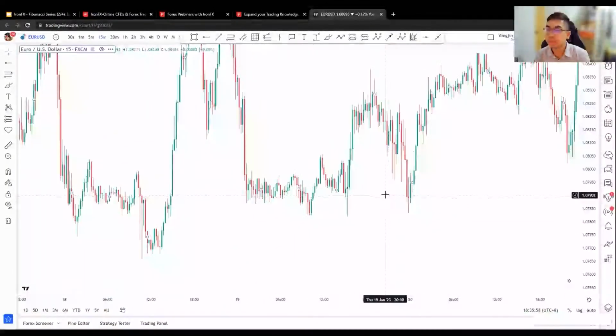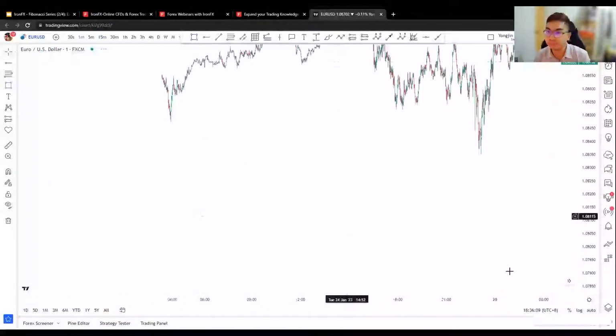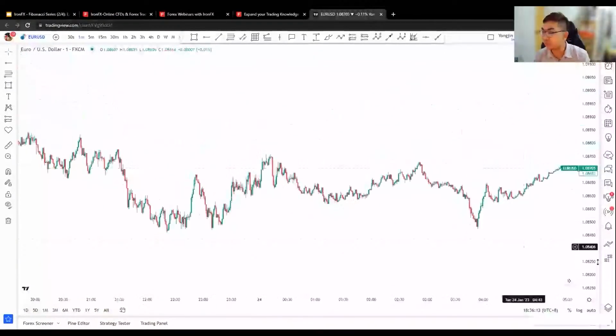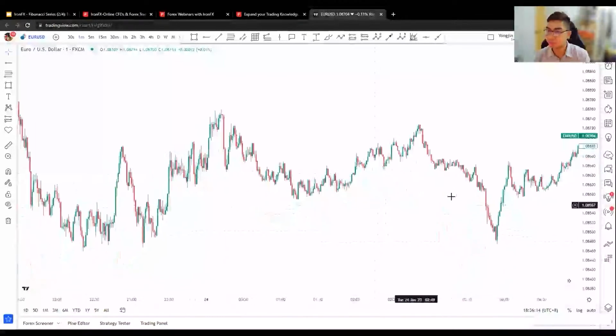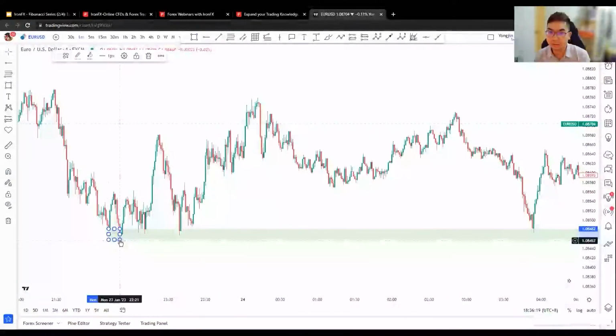So maybe we can take this area as a potential support. Let me just draw it out, maybe on the 1 minute time frame. I do apologize if I'm dragging the screen a bit too much. So let's draw our first support area first.